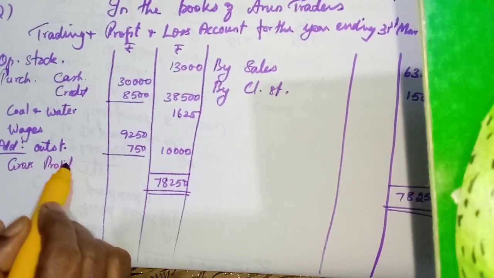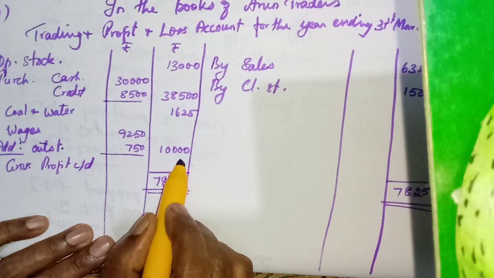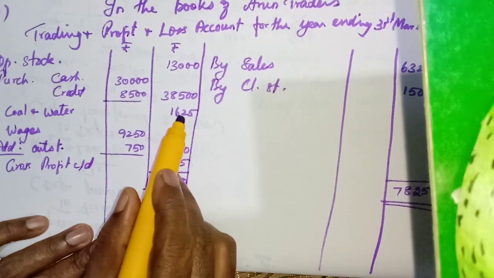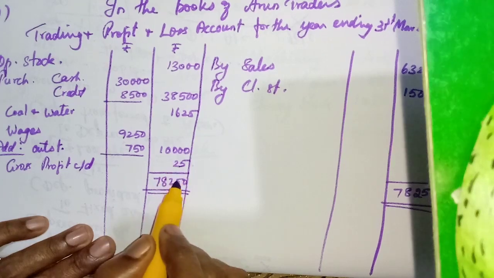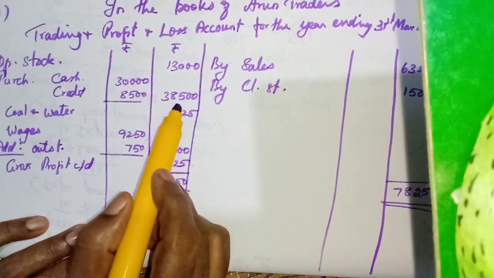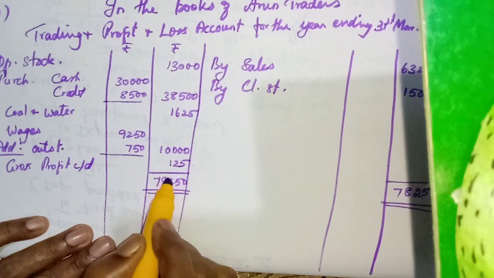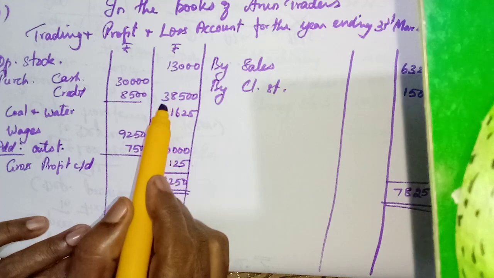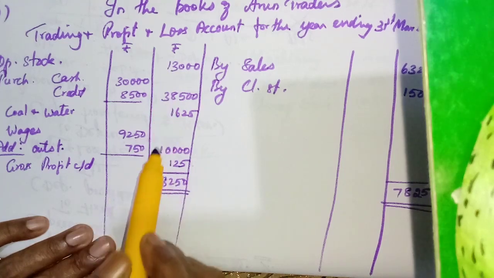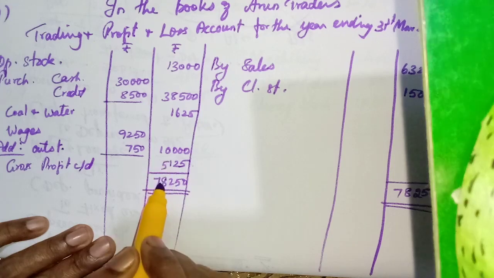To gross profit carried down. 5 plus 5, 10. Balance 1. 3 plus 2, 5. Then 5, 11. 11 plus 1, 12. Balance 1. 4, 12, 13. 13 plus 5, 18.